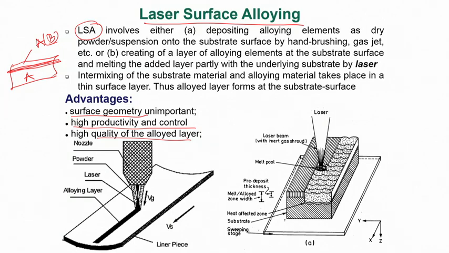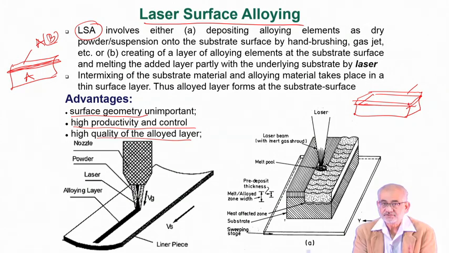One is, if this is the substrate we are trying to develop a surface layer on top of, then we can create a layer beforehand. So this is the pre-deposited layer we can create by way of, let's say, electrode deposition, or simply a pre-placed powder bed, or some spray unit like plasma spray or any other spray technique.